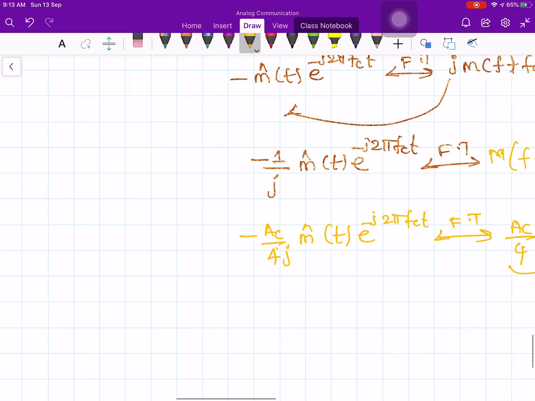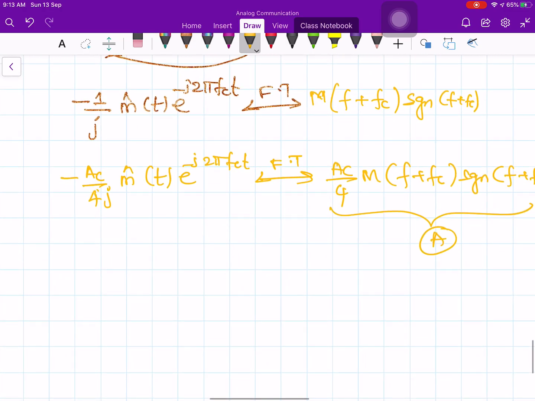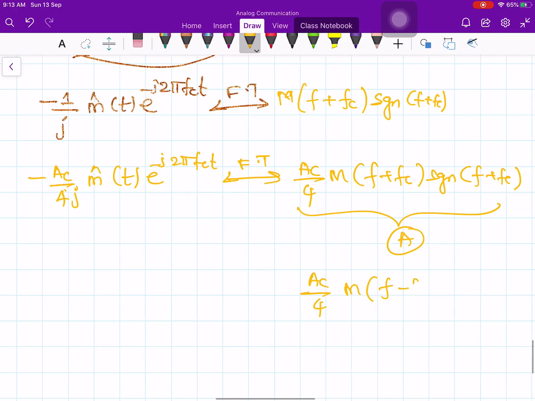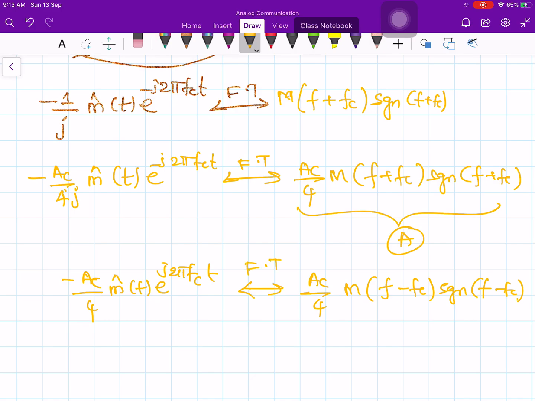Similarly, if we put A c by 4 m of f minus fc signum of f minus fc, then this becomes minus A c by 4 m cap of t e to the plus j 2 pi fct. This is also a Fourier transform.